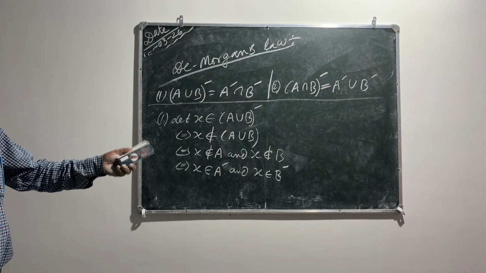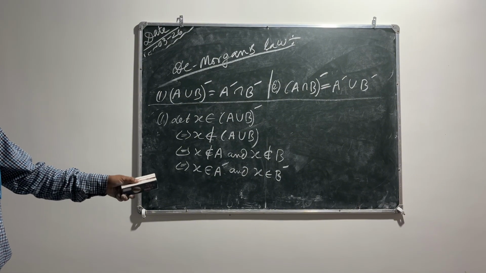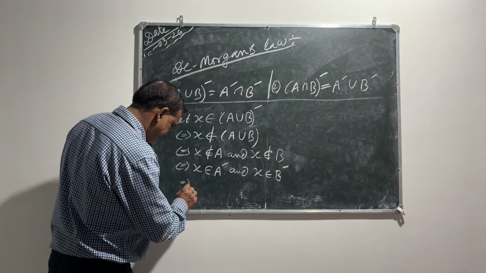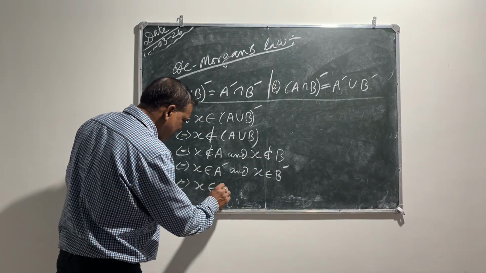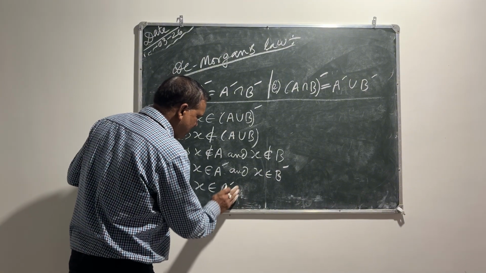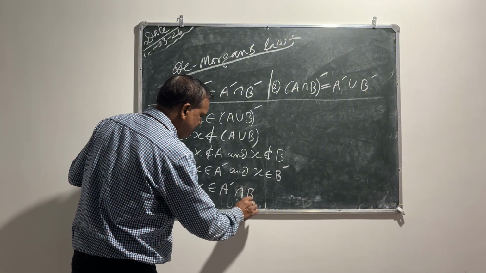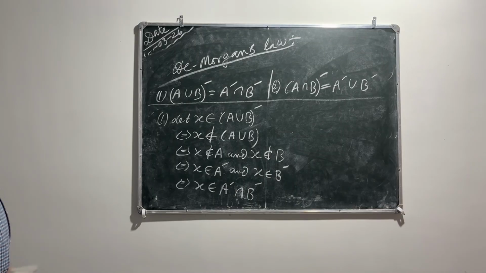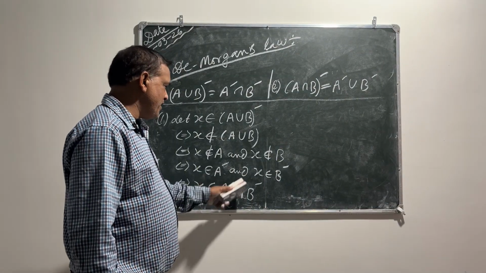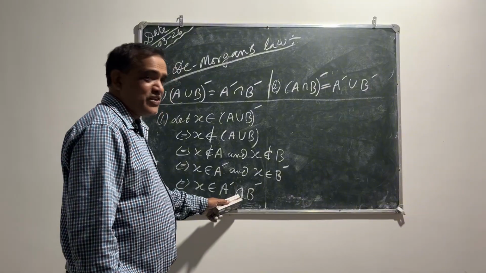Similarly, X doesn't belong in B means X will belong in B dash. That is, X belongs to A dash intersection B dash. And can be replaced by intersection.